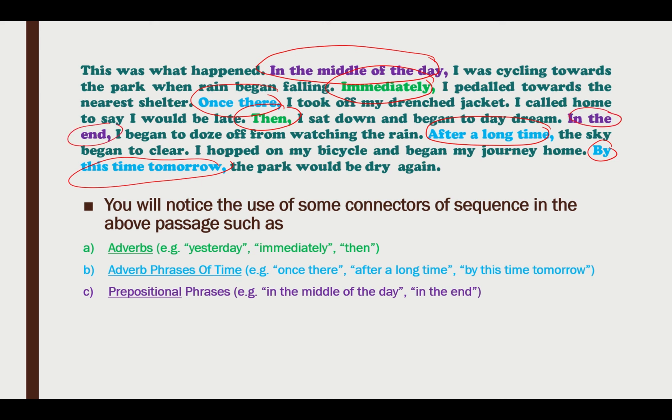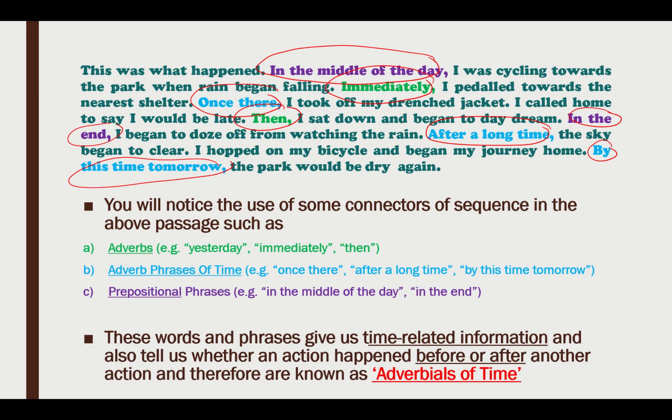So do realize that these words and phrases that I've just mentioned give us time-related information and also tell us whether an action happened before or after another action, and therefore they are known as adverbials of time.